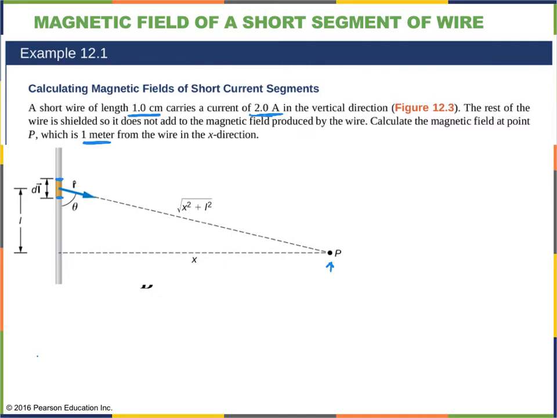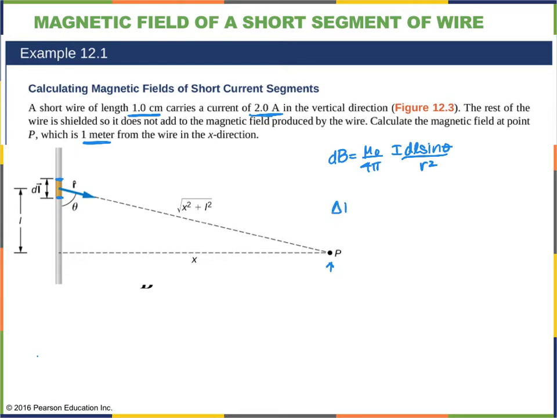So we had this expression on the previous slide. I'm just going to rewrite it in case you forgot it. And we're just going to use that to find this piece of the magnetic field due to this little piece of wire.